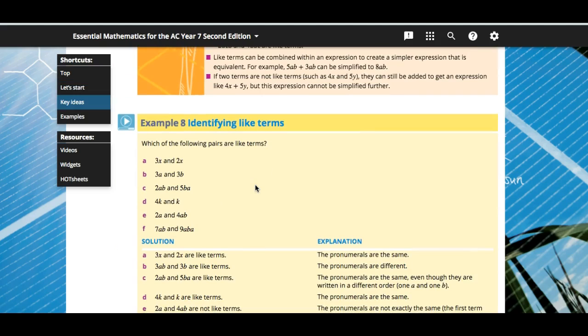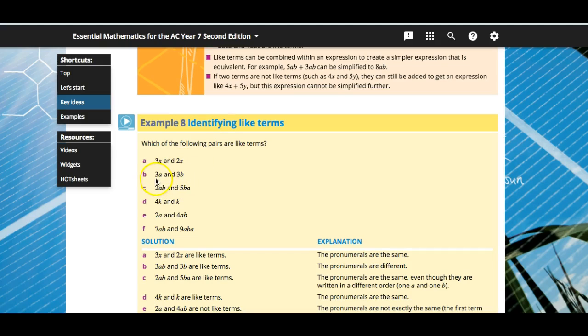Now let's have a quick look at a few examples. I always like to think of your pronumeral as an object. Think of an object that starts with X. The only thing I can think of off the top of my head is an X-ray. So we have 3 X-rays and 2 more X-rays. How many X-rays do we have together? We have 5, and because we have the same pronumeral part, I can add them together.